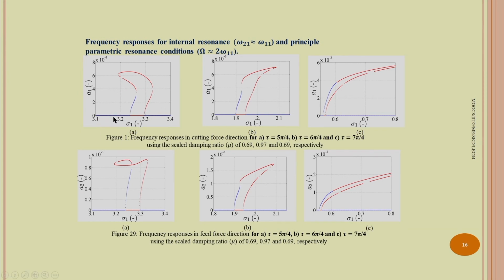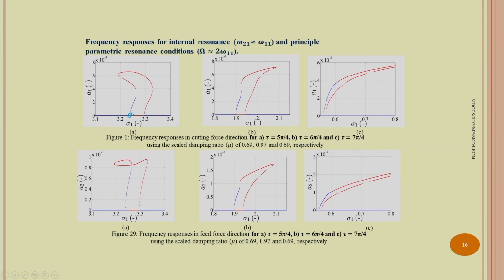When it is operated in this unstable region, one should know the frequency response plot, and one can find how much response or how much vibration will be there in the system or in the tool.